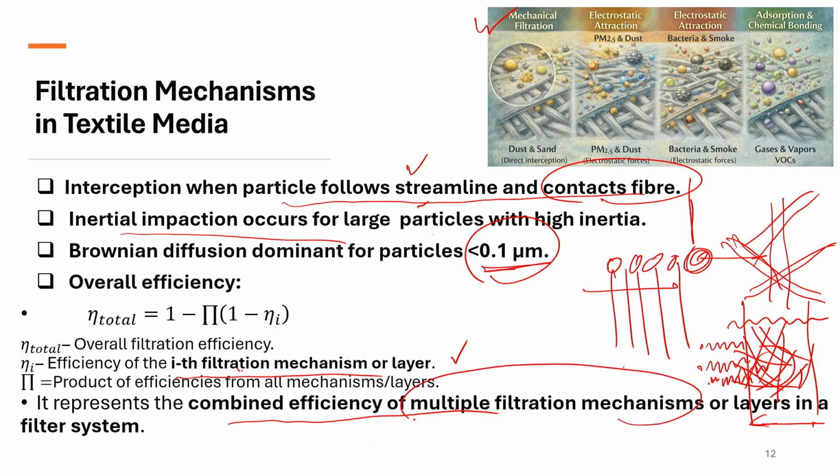Normally the particles are distributed at different sizes, a size distribution is there. So, it is not that always only one mechanism will work, more than one mechanism will work simultaneously. So, in that case we need to calculate this overall efficiency.